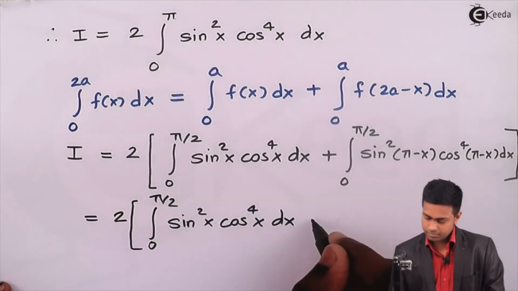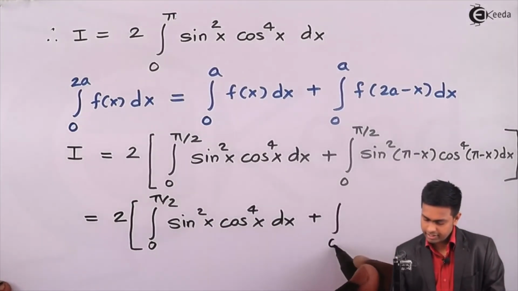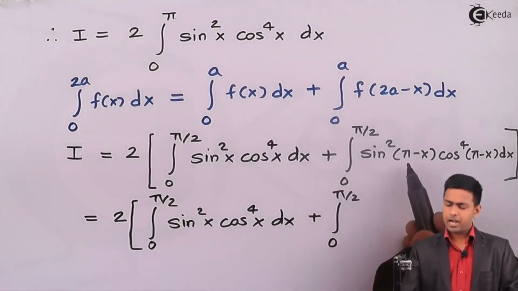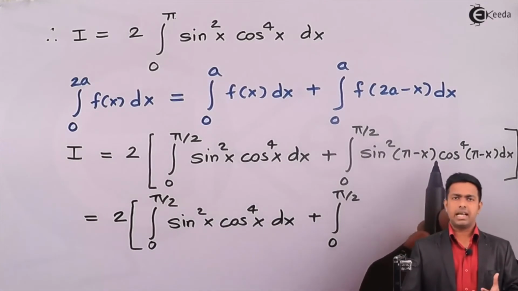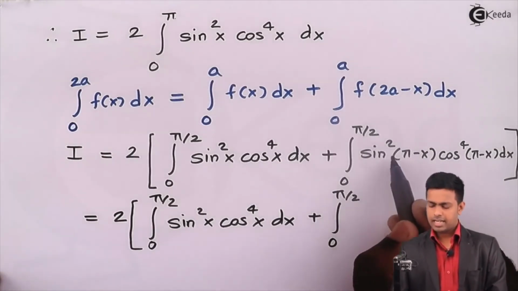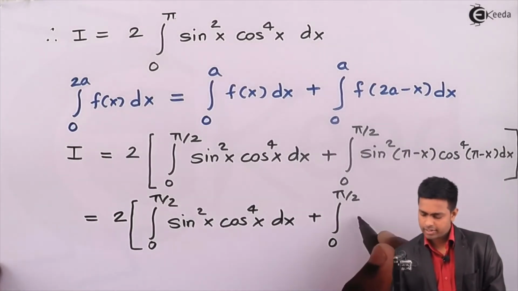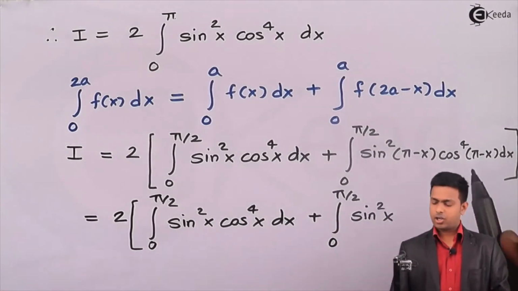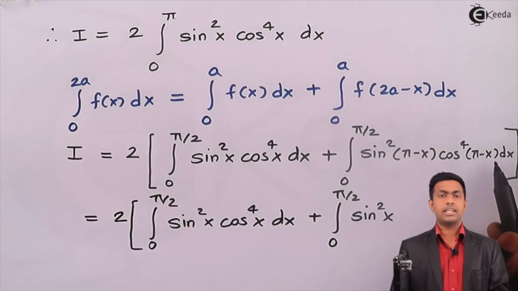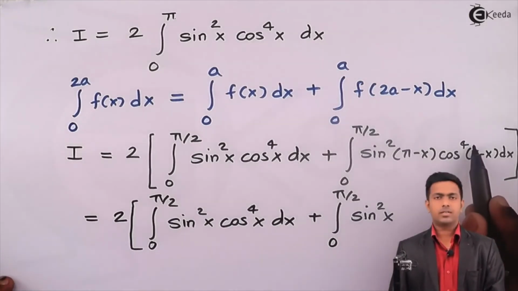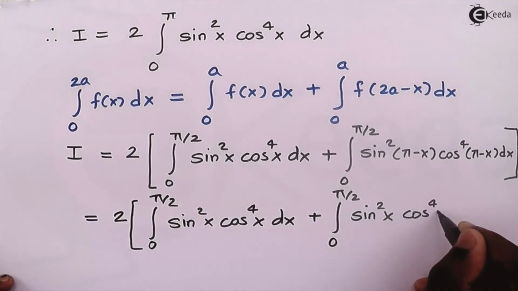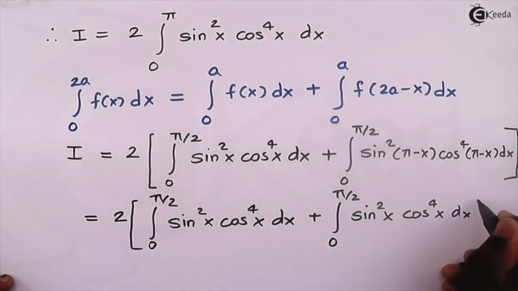Now here plus integration from 0 to pi upon 2. What is the value of sine pi minus theta? So it is sine theta, so this will be sine x, and due to square that will become sine square x. Similarly, cos pi minus x is minus cos x, but due to this power 4 that will become positive cos raised to 4x dx.